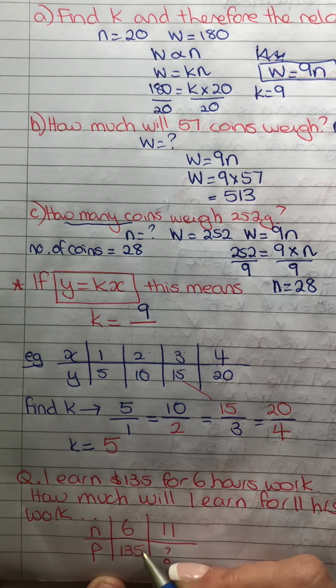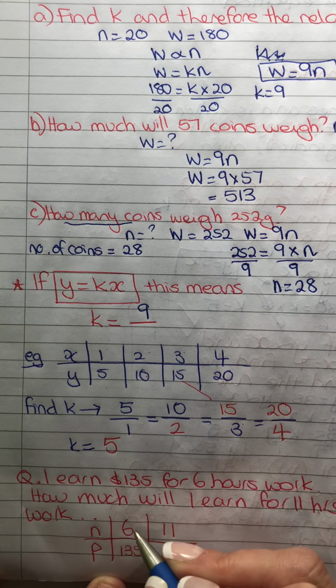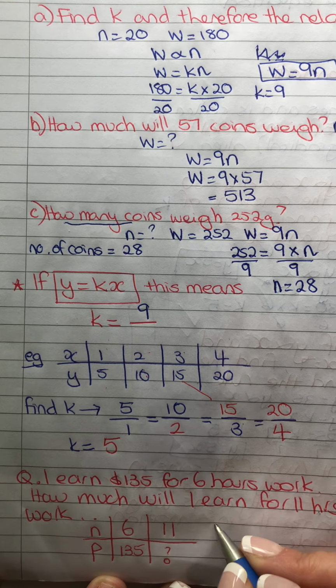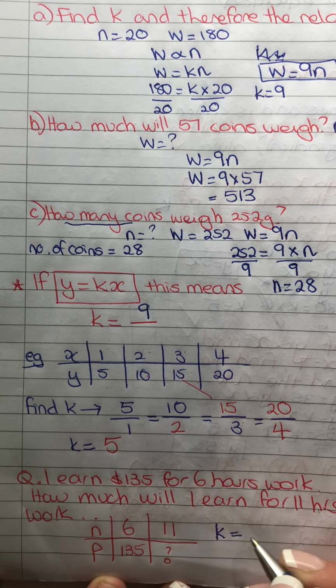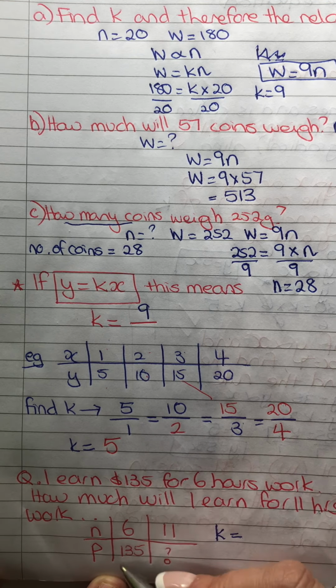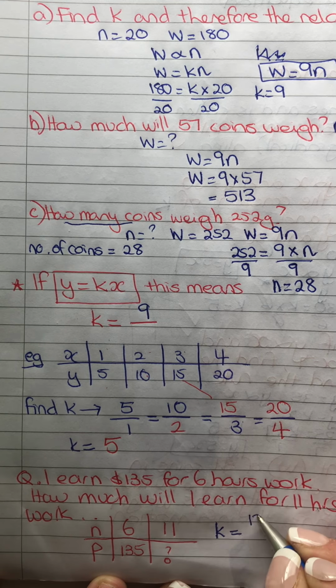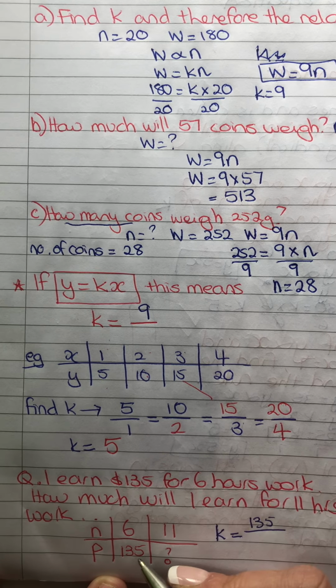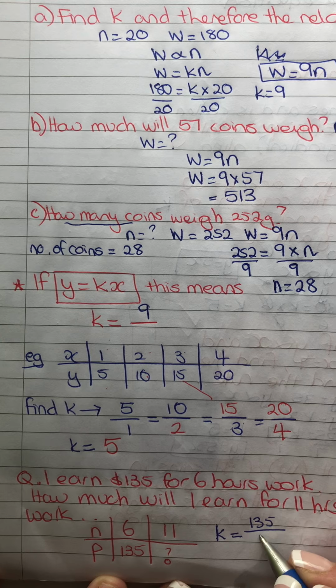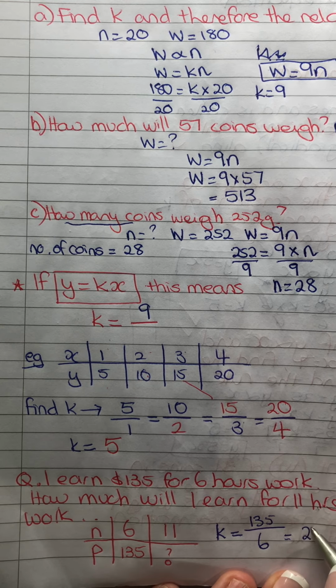We've only got 2 values here, so we can only use what's here. All right, so we're going to say k is equal to p, in this case, which is 135, the one on the bottom, divided by the one on the top, which is 6. Okay, so k is 22.5.